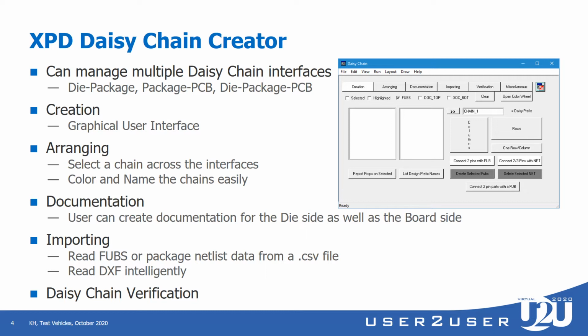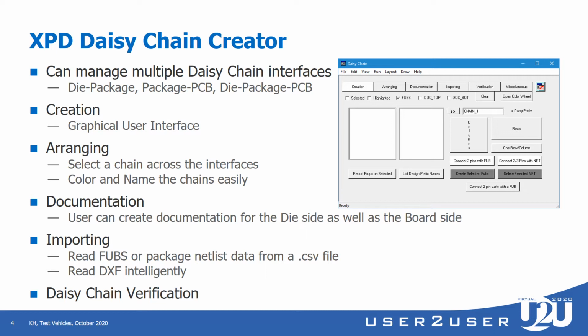So the chains above and chains below. It has a graphical user interface for the creation. For the arranging, you can select chains across all the interfaces. You can easily select, color, and name the chains. It has a documentation feature where you can actually make documentation for the chain connections for whoever's doing your testing.